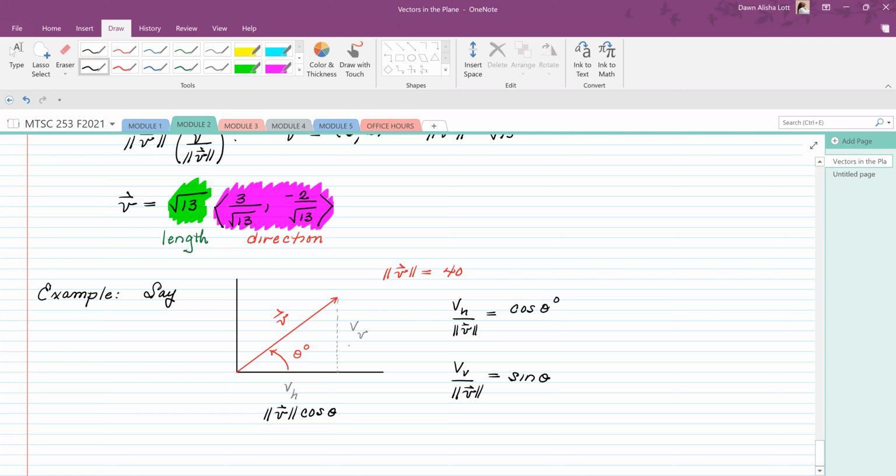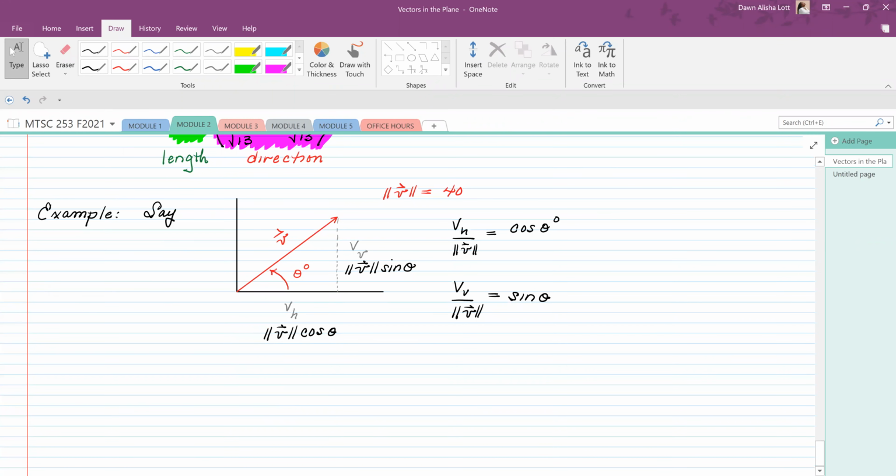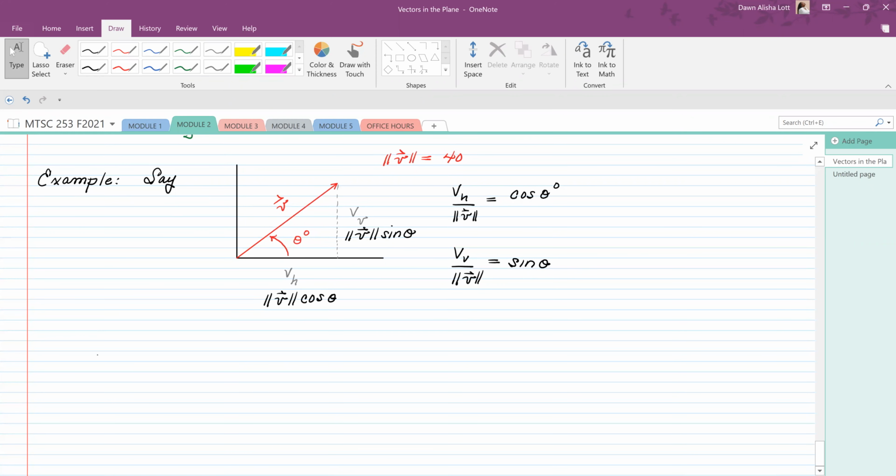So that says this side is the length of V sine theta. So once I know a vector and the angle that it makes with the horizontal, I'm able to break it up into its components. So now I can write the vector V as the length of V cosine theta, comma, the length of V sine theta.